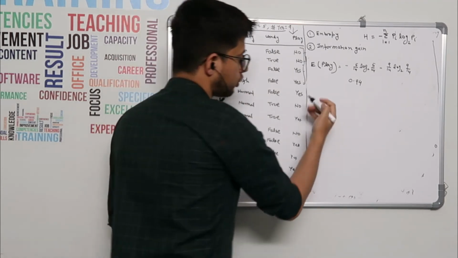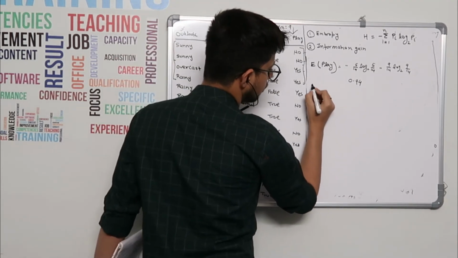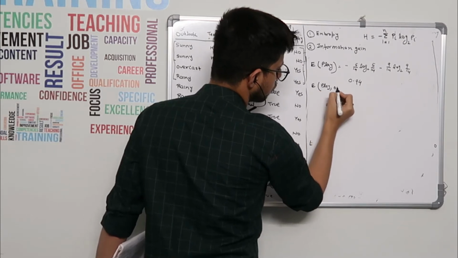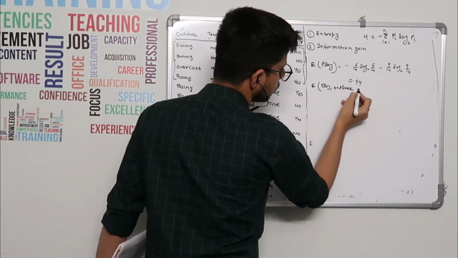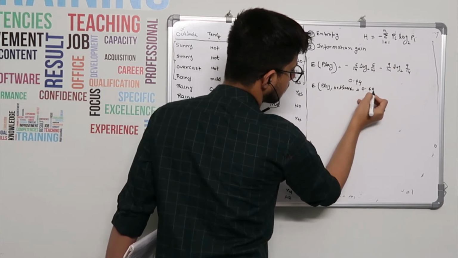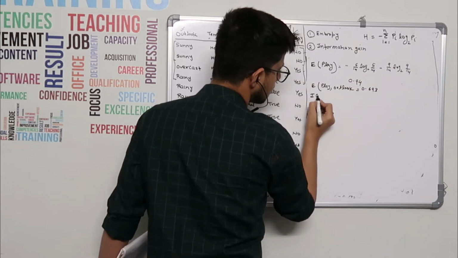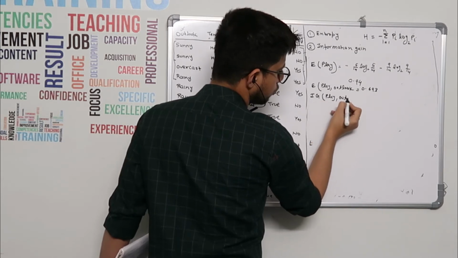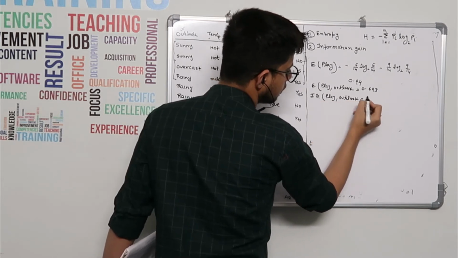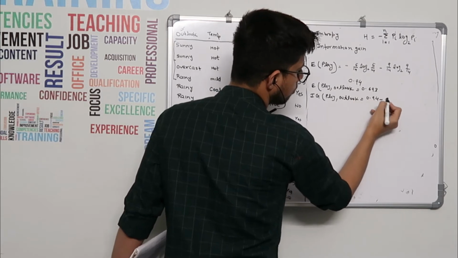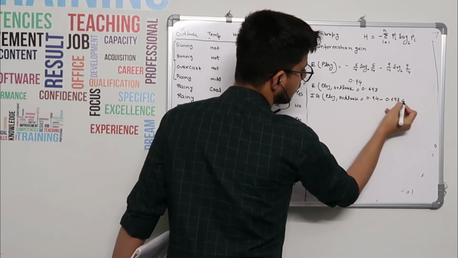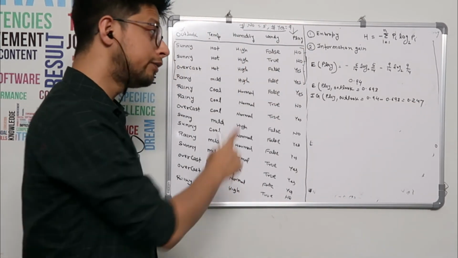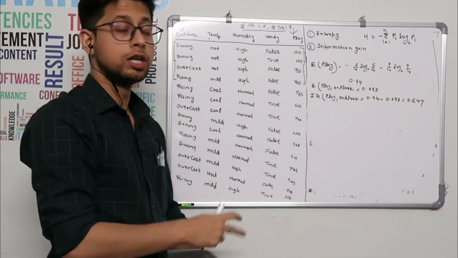So the entropy of play with respect to outlook is 0.693, hence the information gain of play by splitting with respect to outlook is 0.94 minus 0.693, which comes to 0.247. This is what you got if we are splitting with respect to outlook.